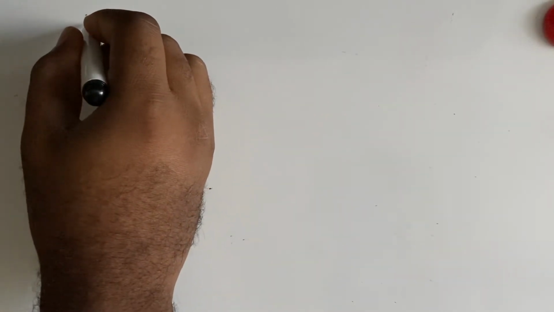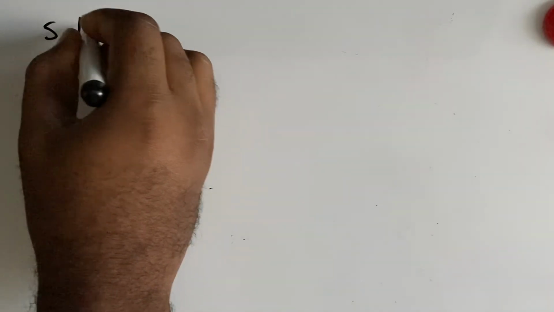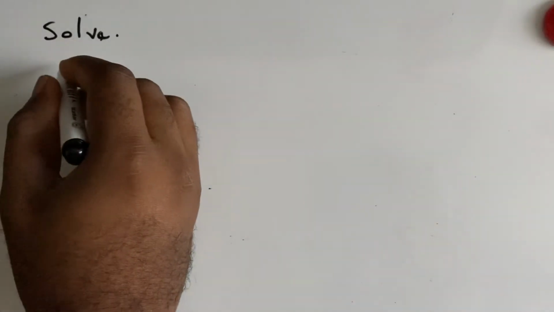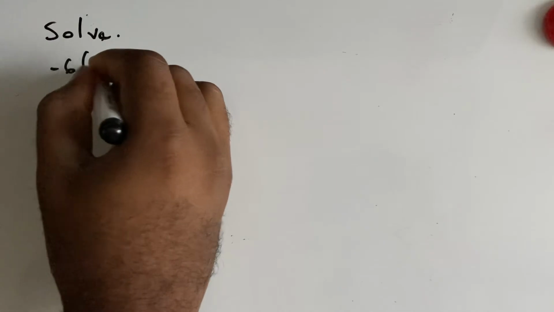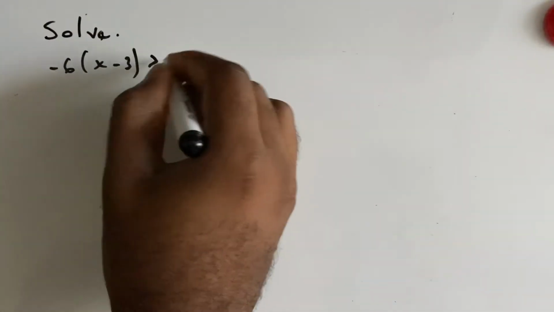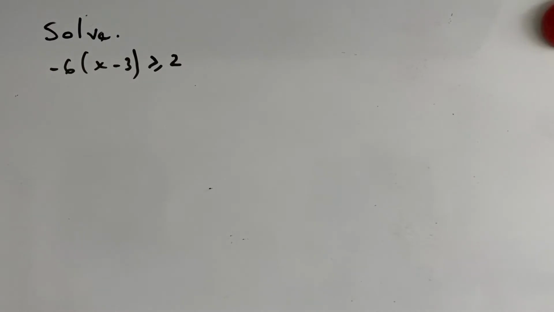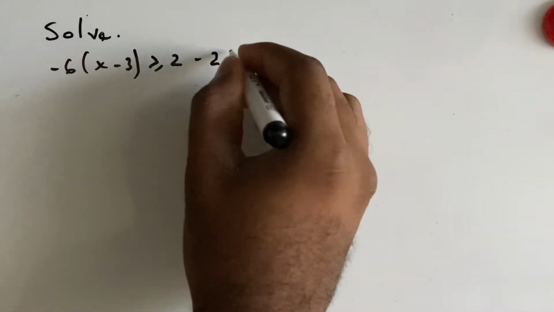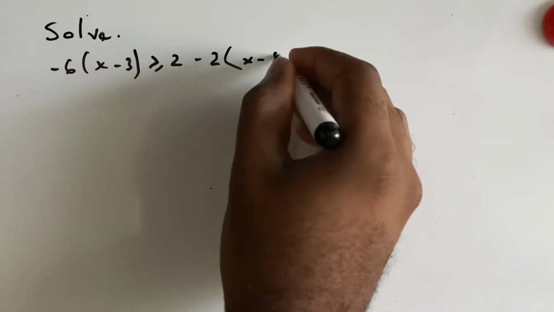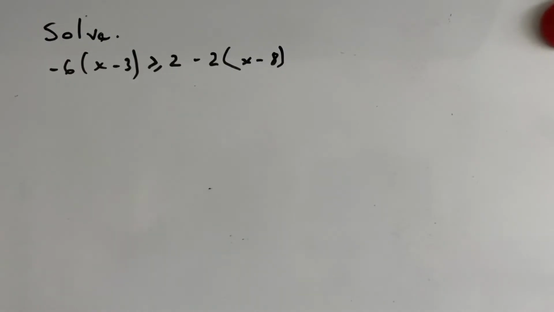So we're going to solve, and we have negative 6 times (x minus 3) greater than or equal to 2 minus 2 times (x minus 8). Okay, so this is it right here.